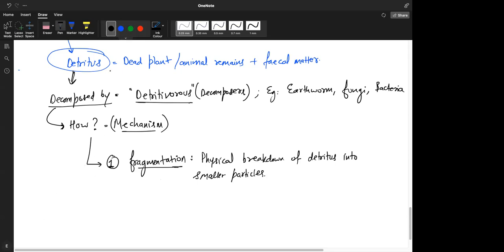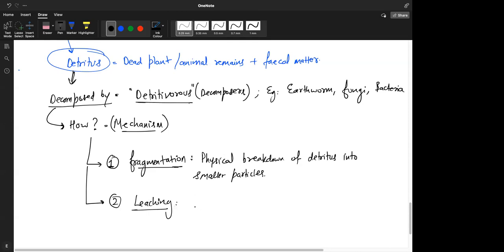Second thing that can happen with this detritus is called leaching. Any idea what is leaching, people? So this detritus, as it will be breaking down, it will have some component which will be water soluble. So the water soluble nutrients present in the detritus, as the water goes down into the soil, seeps into the soil, and get precipitated in the soil.